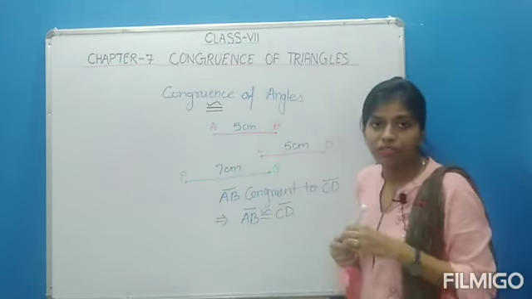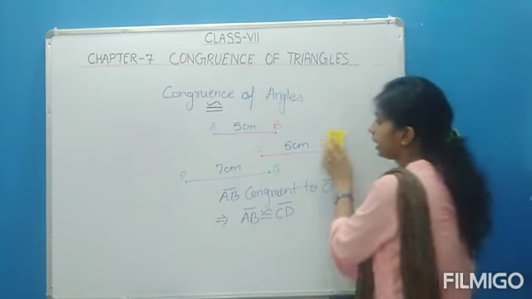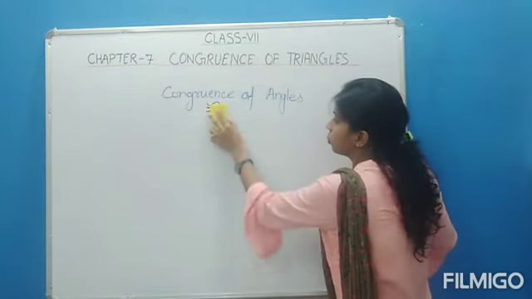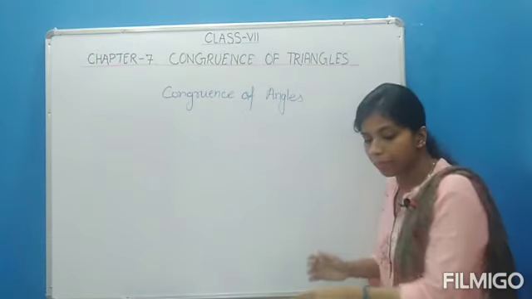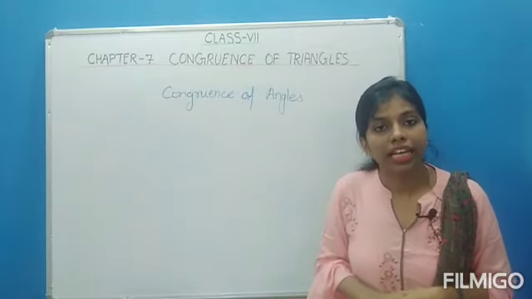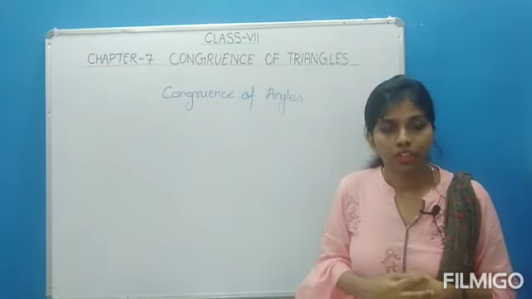How do we know that two angles are equal to each other? Of course, if the measurements of two angles are equal, then we can say that the two angles are congruent to each other.